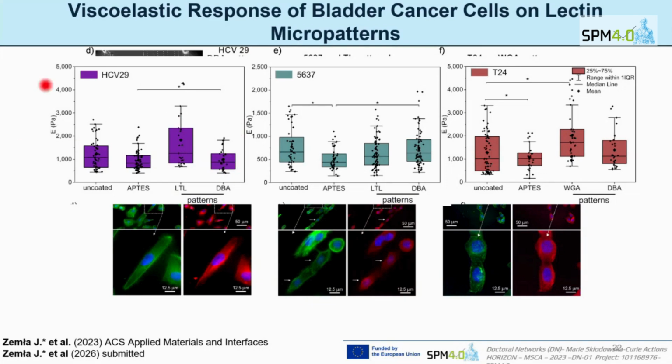So from elastic modulus, you can see that in case of normal cells, the only significant difference is between APTES and DBA pattern. In case of low-grade cells, we have also just two pairs of differences. The same for transitional carcinoma.